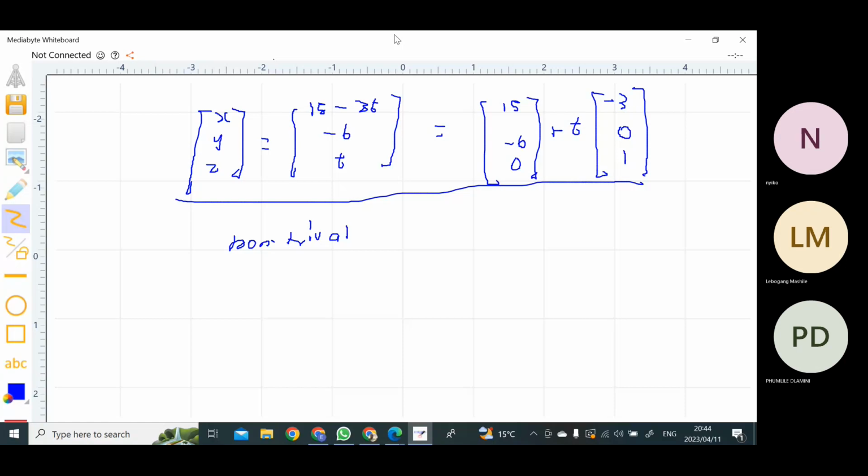So if you go to page 36, chapter 1, page 36 is exercise 1.3. You can see in exercise 1.3, numbers 1, 2, 5, 6, 7.